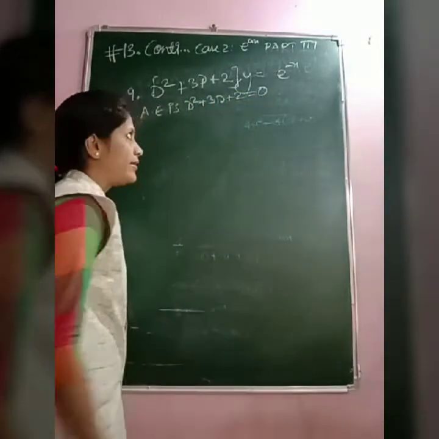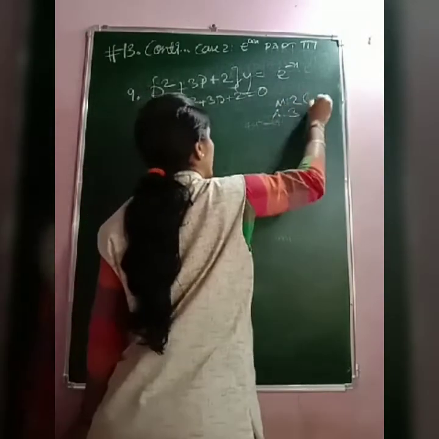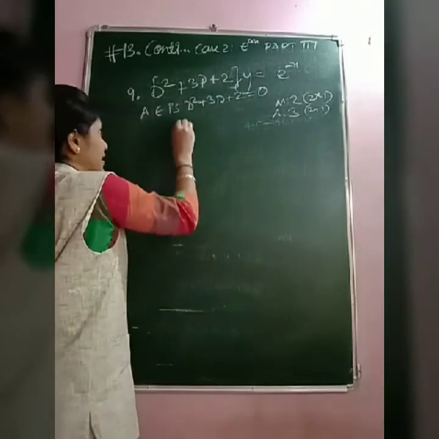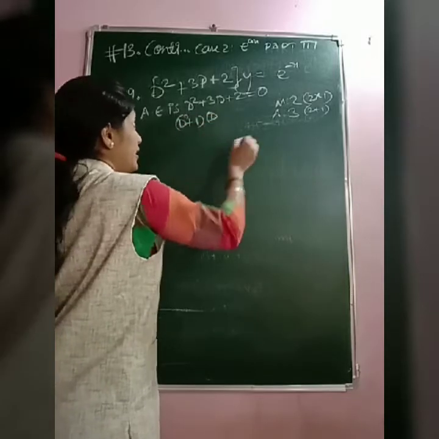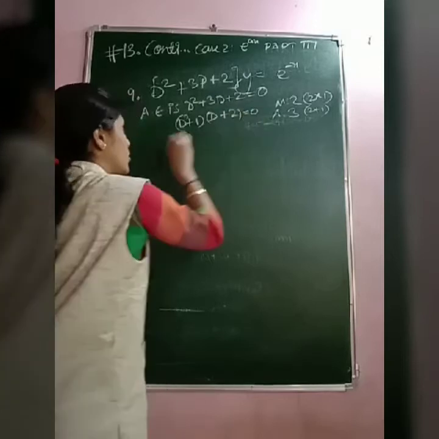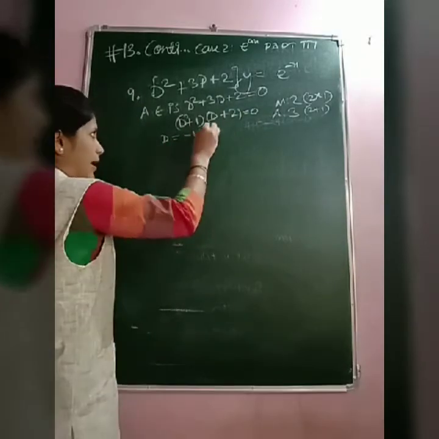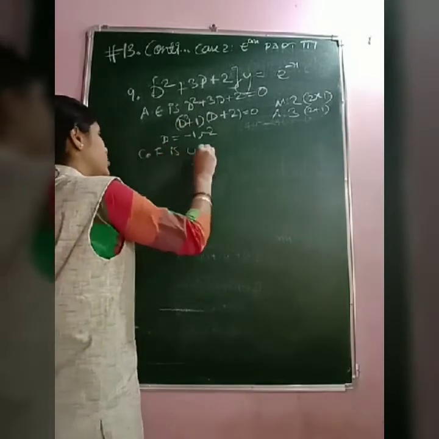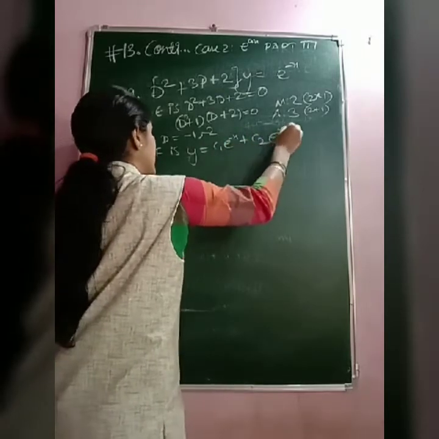This happens to be quadratic. Multiplication 2, addition 3, so 2 into 1, 2 ones are 2, plus 1. So this can be written as (D + 1)(D + 2) equal to 0. So D equals −1, −2. The complementary function is y equals c1 e^(−x) + c2 e^(−2x).